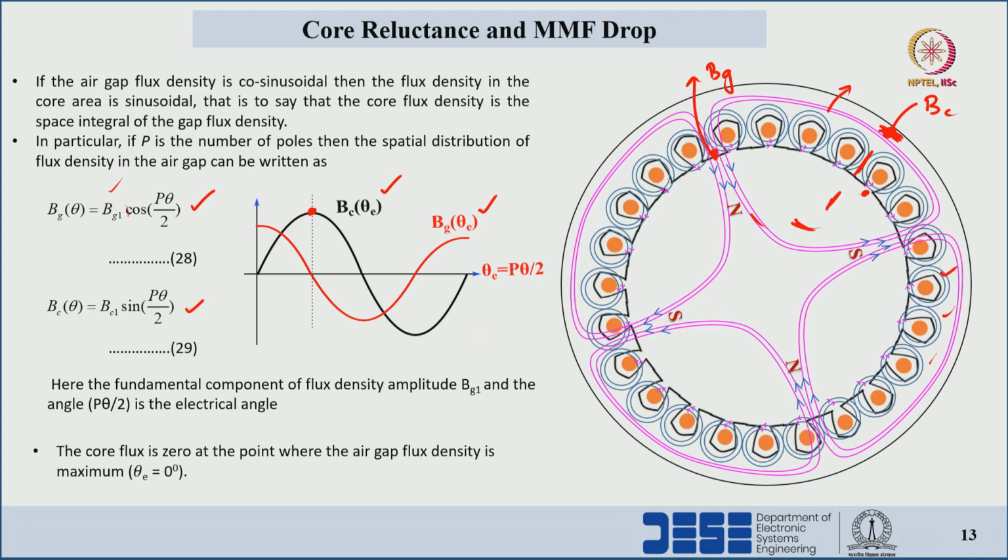From this figure we can observe that at theta electrical equals 0, the flux density at the air gap will be maximum, and after 90 degrees the flux density at the air gap comes down to 0 and the flux density at the core will be maximum.